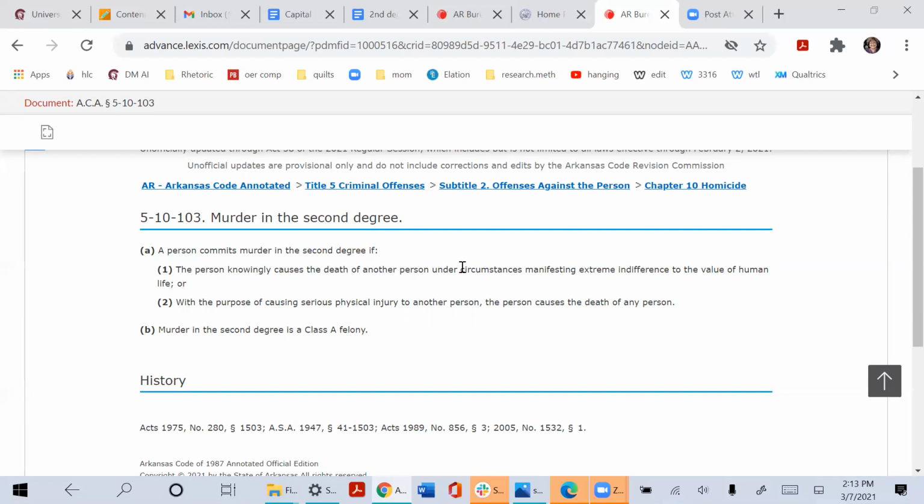But by accident, the person causes the death of any person. Notice that basically, if you are trying to cause physical injury to somebody, then you are acting in a way that is knowingly manifesting extreme indifference to the value of human life. It is sort of an alternative that just illustrates this level of mens rea.